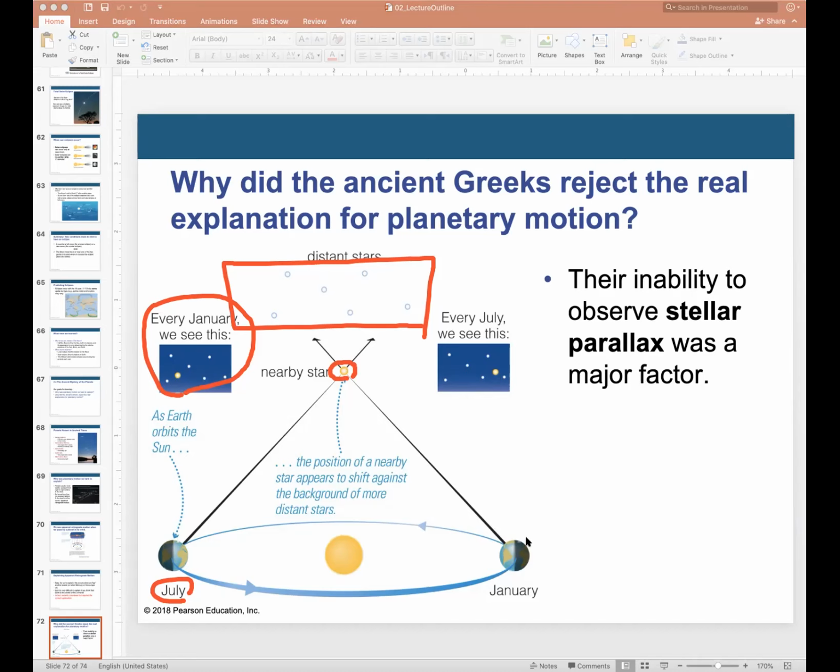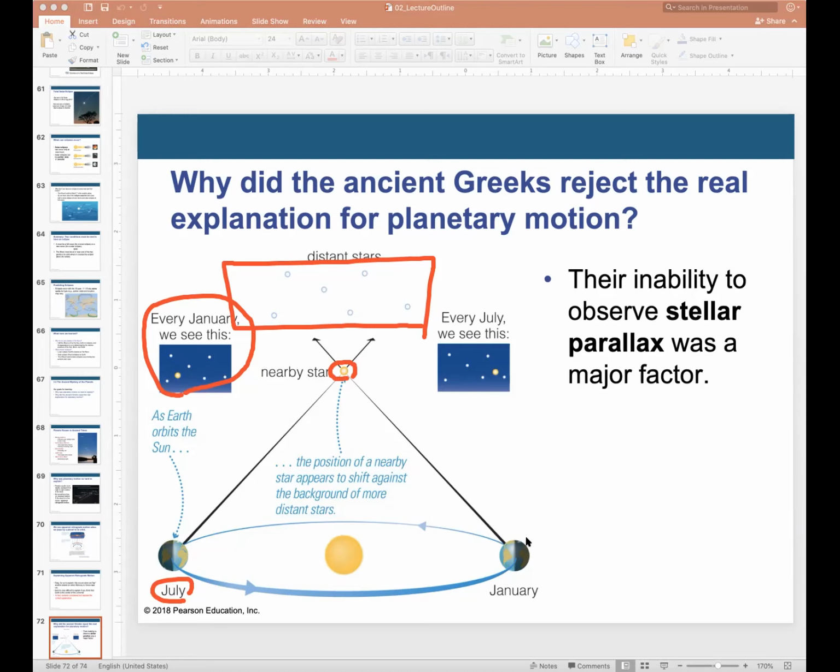In fact, in order for us to see a stellar parallax, we need to have a telescope. These stars are really, really, really far away, so in order for us to see and comprehend a stellar parallax, we need a telescope. Ancient people did not have a telescope.